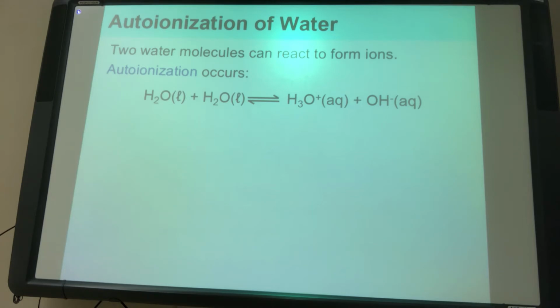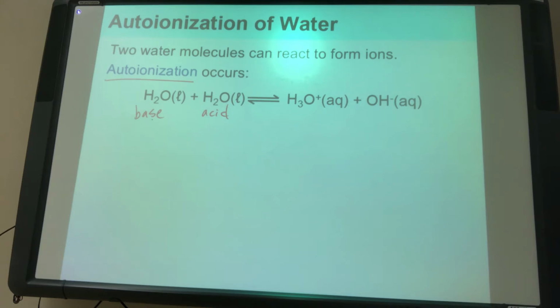You could just have a bunch of water floating around and it can react with each other, because one water can act like a base and one water can act like an acid. I wrote it right, I said it wrong, but I caught it. So these guys can react with each other. This is called autoionization, because they're automatically going to react with each other and ionize.